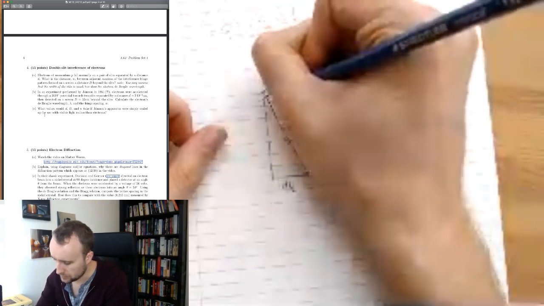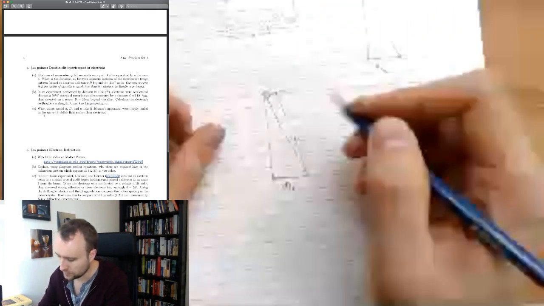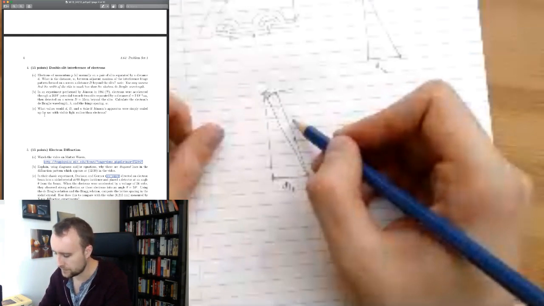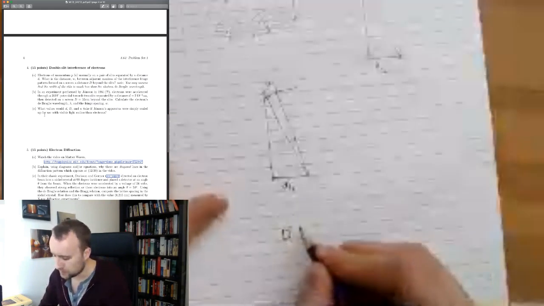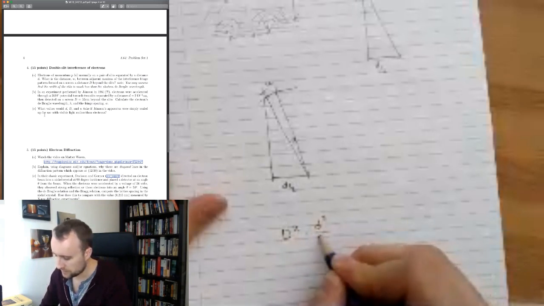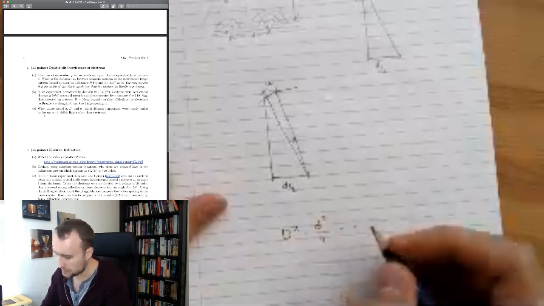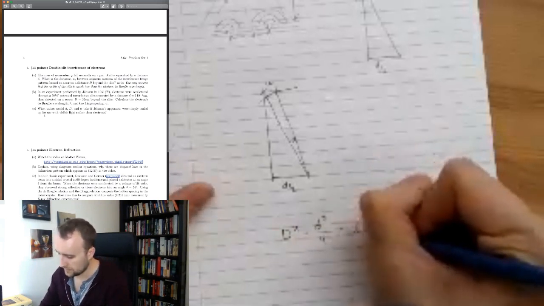So we take this radius out. We need a point here where this distance, so these two are the same size. And then the question is, how far apart is this? So d squared plus d squared over 4 is equal to this length.